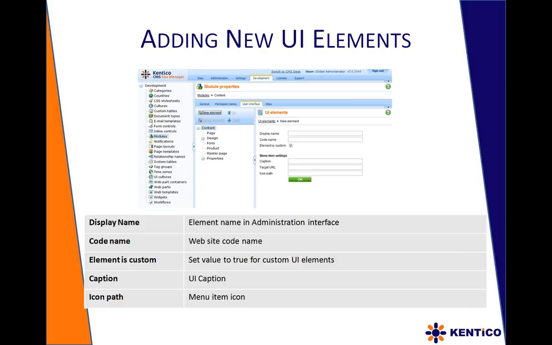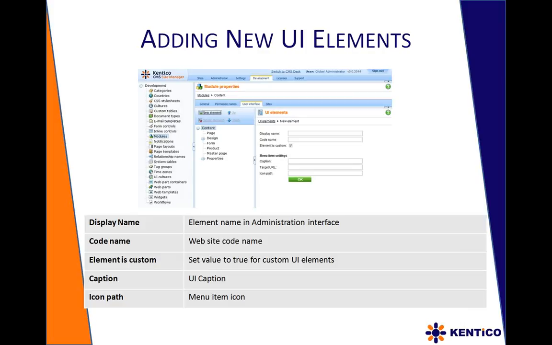Things like display name is where we want to add the name of the element displayed in the administration interface, and this can be entered as either plain text or a localizable string. And you want to use the $mystringname format. And this allows you to take advantage of localization that you may be using.